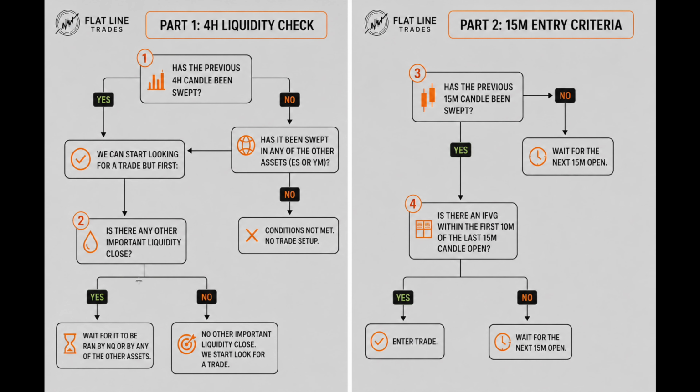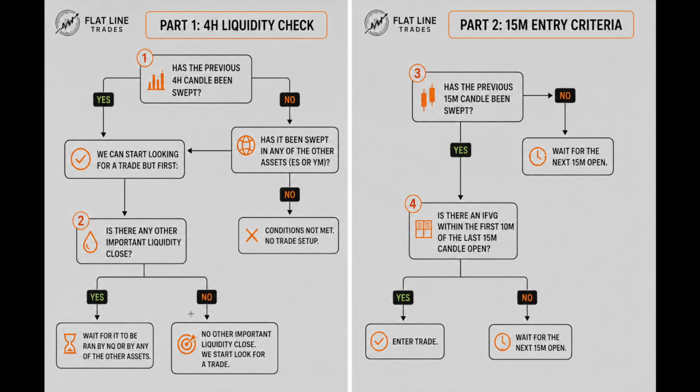So if there's important liquidity close, we need to wait for it to be run by either NQ or any of the other assets forming an SMT before we start looking for a trade. And if there's no other important liquidity around, we can start looking for a trade.